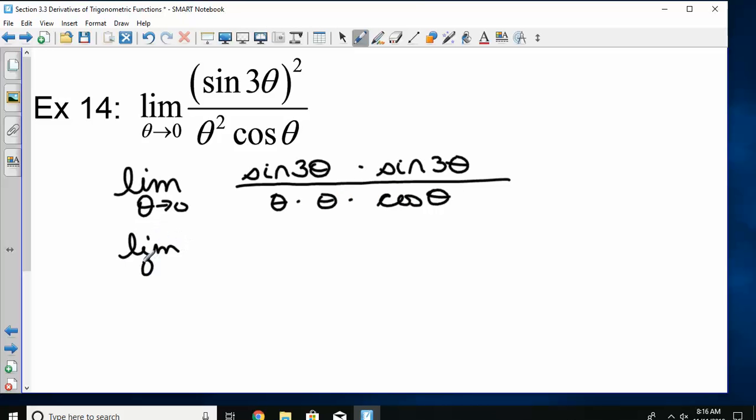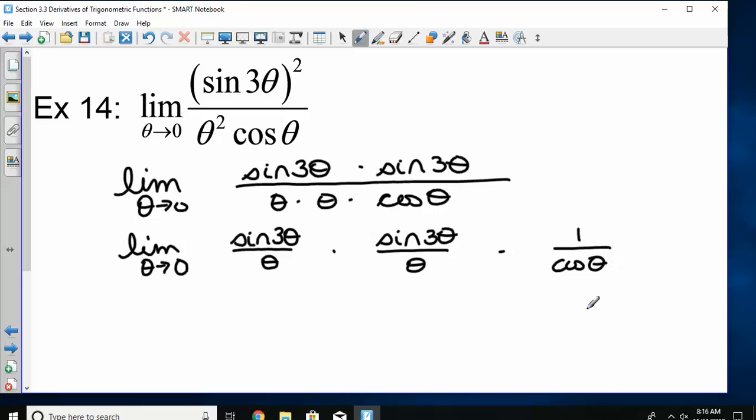So we are going to pull these apart. We're going to do sine 3 theta over a theta. I have another sine 3 theta over a theta. And I have a 1 over cosine theta.